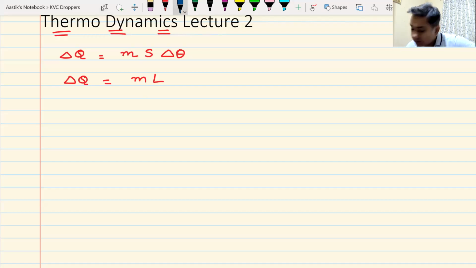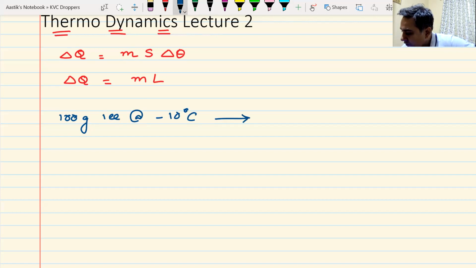So I had 100 grams of ice at minus 10 degrees Celsius. The first step is to convert it to ice at 0 degrees Celsius. Do we understand this?